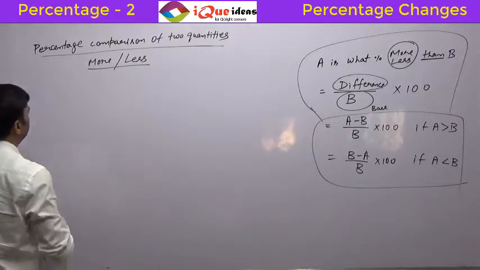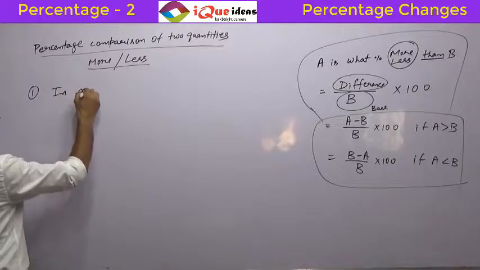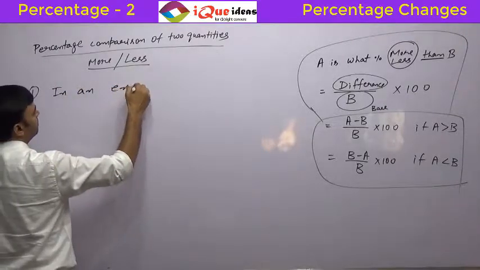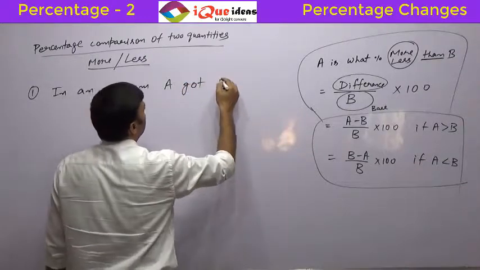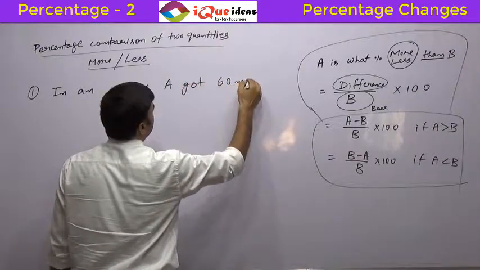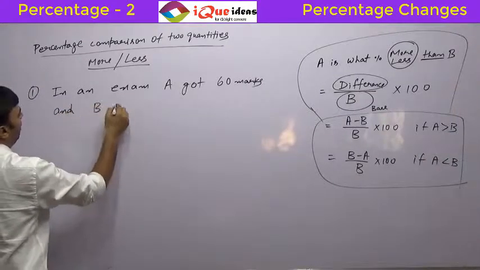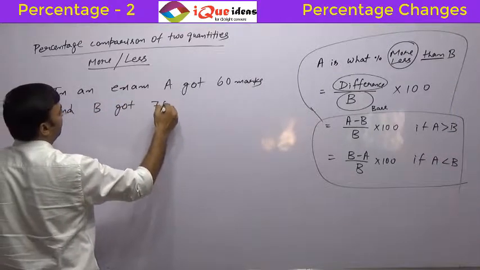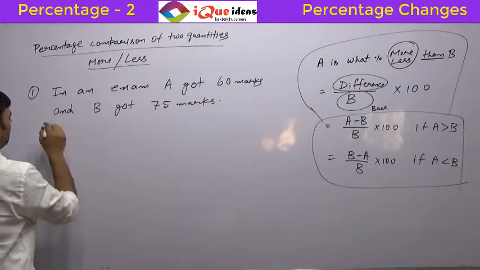Let's take some example. If I say that in an exam, A got 60 marks and B got 75 marks. Right?